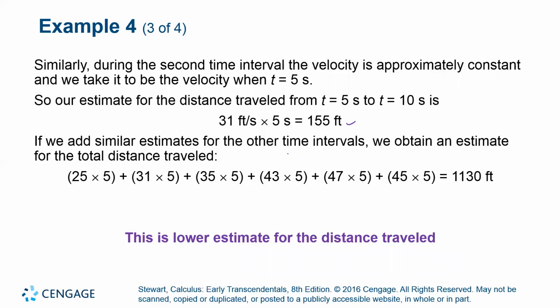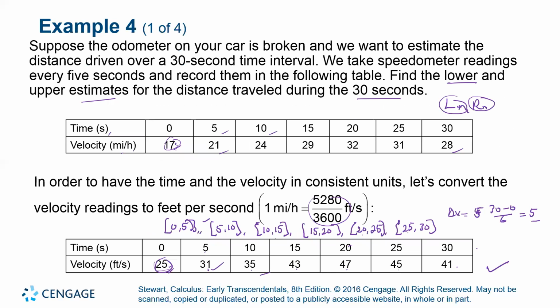Don't forget, we are using the velocities at the beginning of each interval. So we have 25 times 5 plus 31 times 5, 35 times 5, 43, up to 45 times 5. If you go back to the table, the 45 is where it ends.